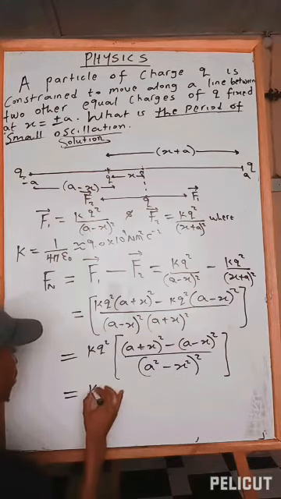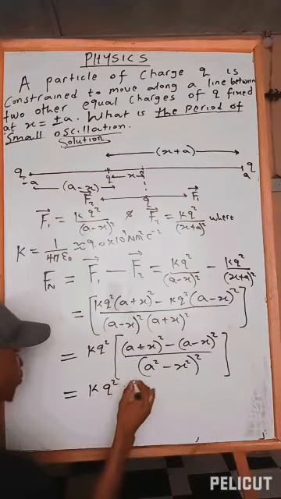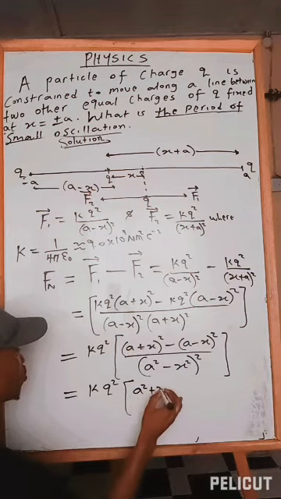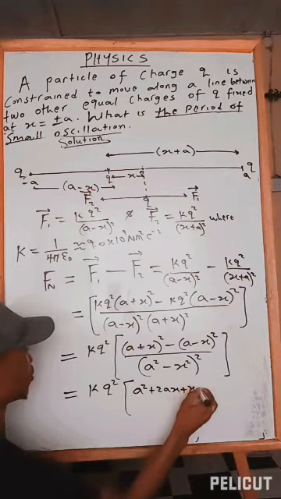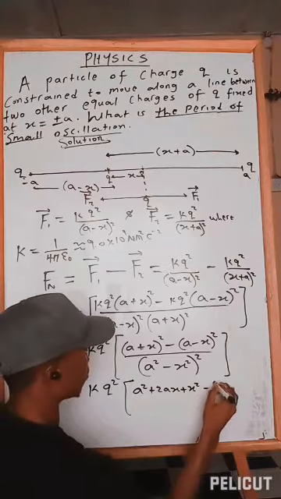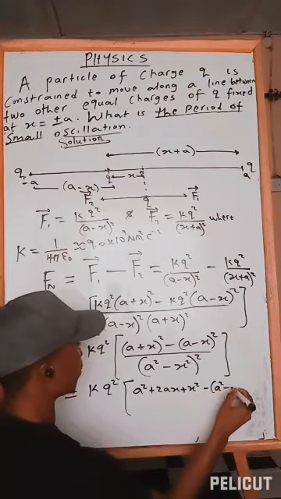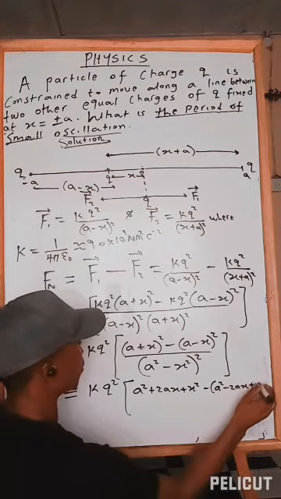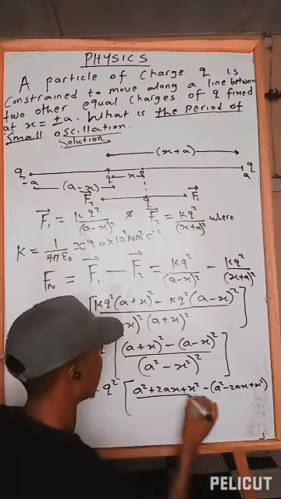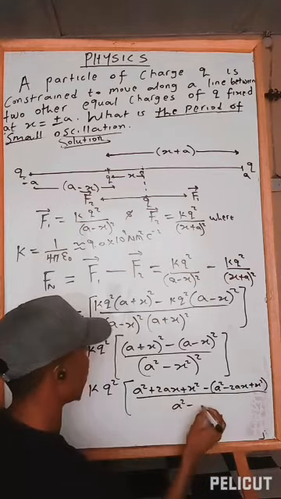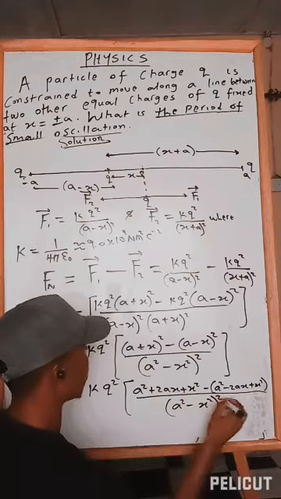So this gives me KQ squared, open bracket. If we do this one, let's open this up. This is A squared plus 2AX plus X squared, and that will be minus, open bracket, A squared minus 2AX plus X squared, divided by (A squared minus X squared) all squared.